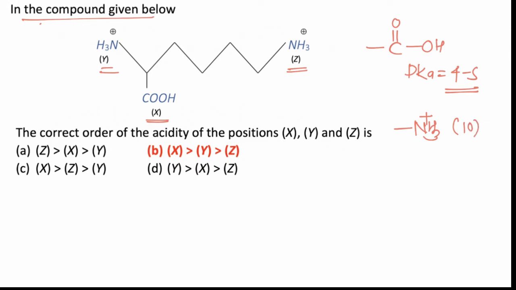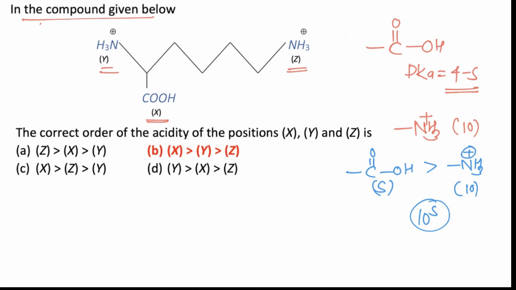So a very important point, COOH is always more acidic than NH3 positive, because it has a pKa value in the range of 5, while it is in the range of 10. So approximately COOH is 10 to the power 5 times more acidic than NH3 positive.